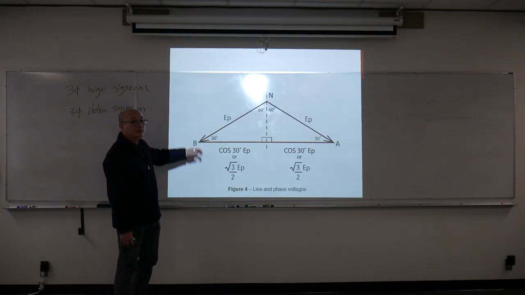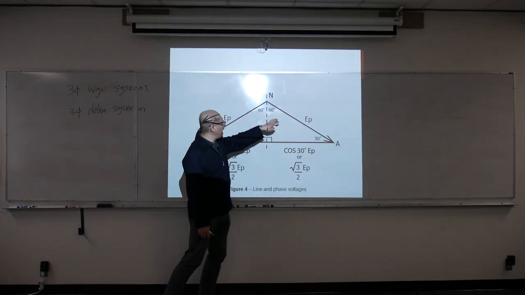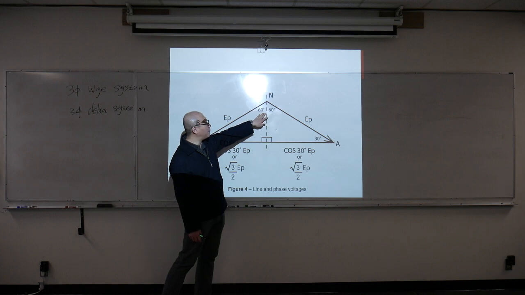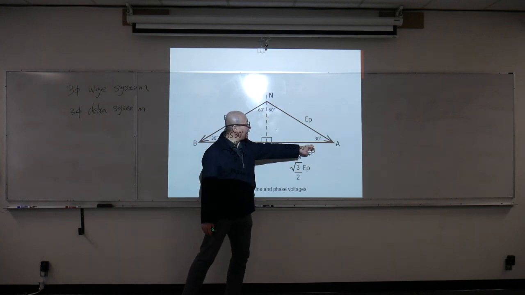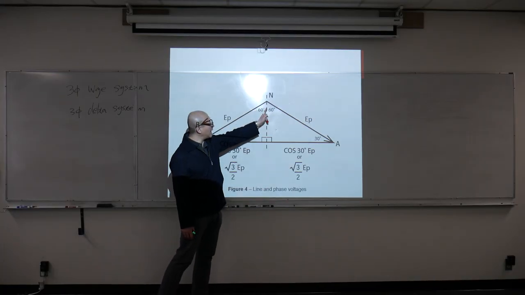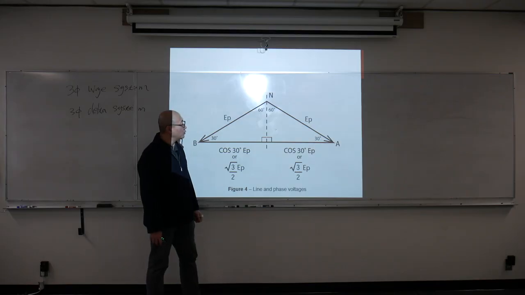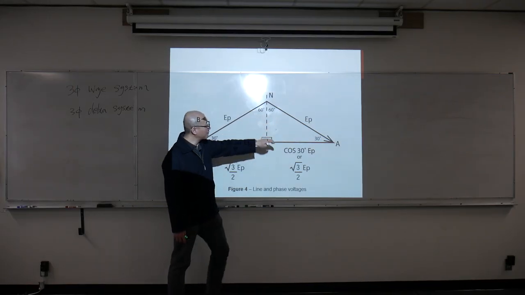If we use trigonometry to solve it, we have two phase values 120 degrees apart, and the hypotenuse is going to be our line voltage. We divide that angle into two, so each side has 60 degrees.